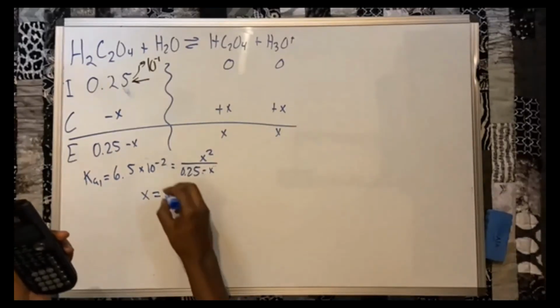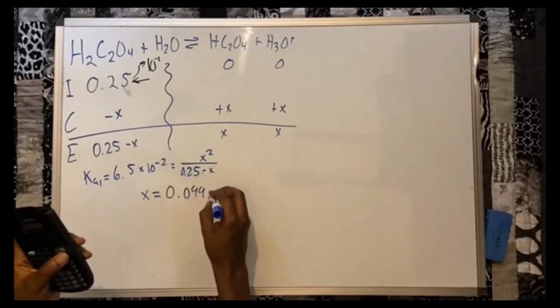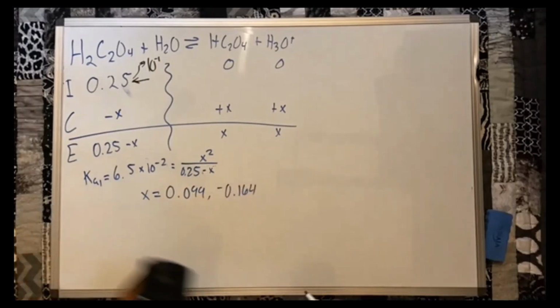Did you guys get 0.099 and negative 0.164? I'm typing it into my calculator now. I'm almost there. No rush.